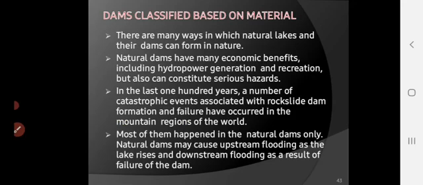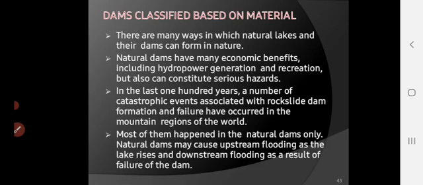There are many ways in which natural lakes and dams can form in nature. Natural dams have many economic benefits, including hydropower generation and recreation, but they can also pose serious hazards. Natural dams are formed by geological formations.